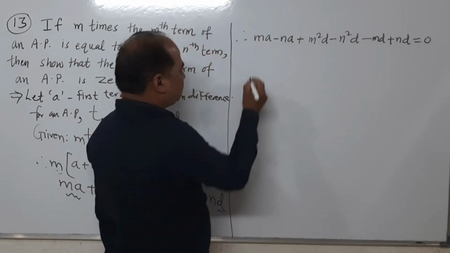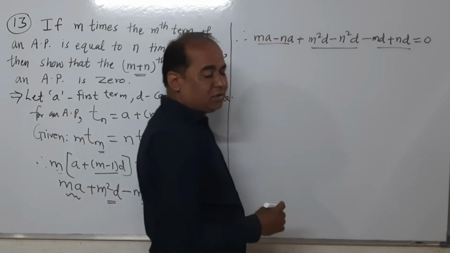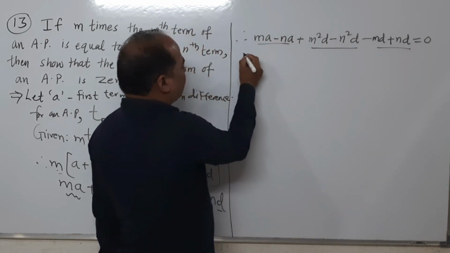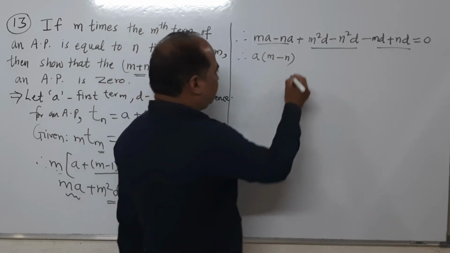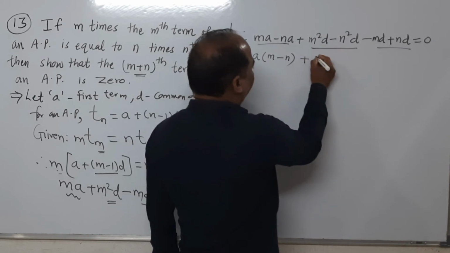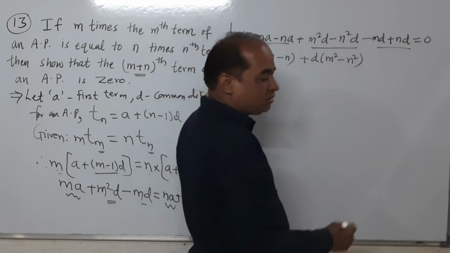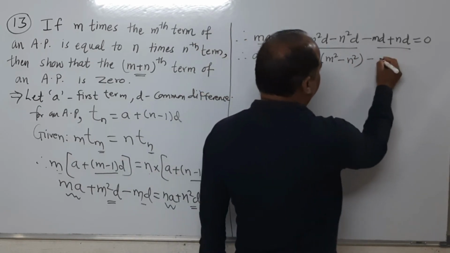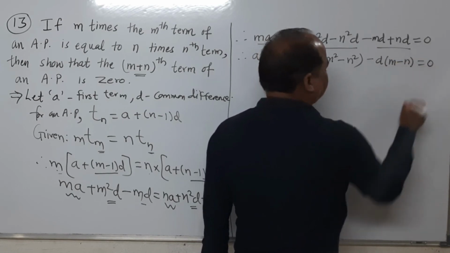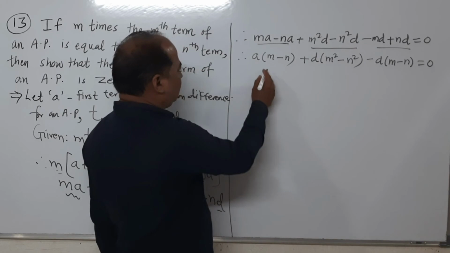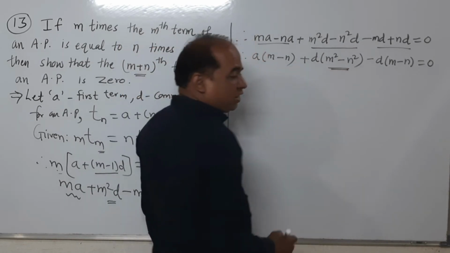Now grouping the two terms and taking common from each two terms. Here the common term is a, so in bracket m minus n, plus here the common term is d, in bracket m square minus n square, minus here d is common, so in bracket m minus n is equal to 0. Now here m minus n and here m square minus n square.